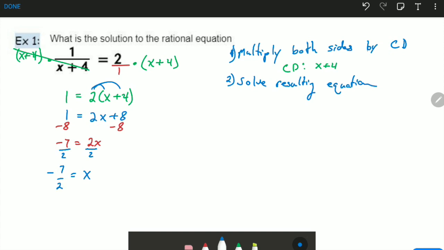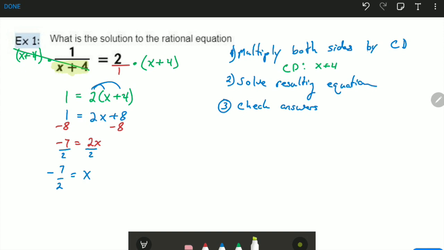And the last thing we should do is check our answers. The key thing you want to really check is to make sure your answers aren't extraneous solutions. And the way you do that is you just look at the bottoms of the fractions.